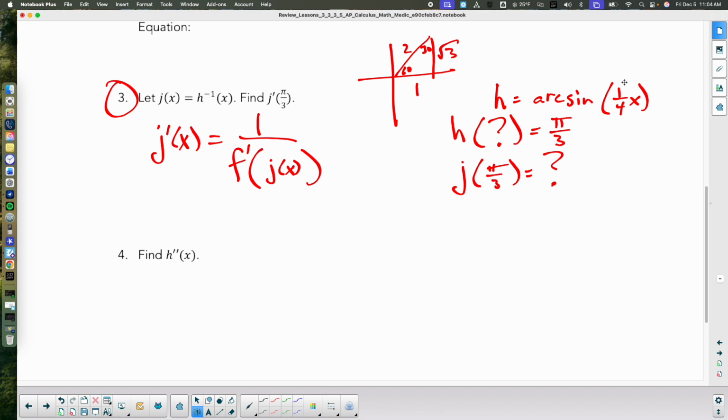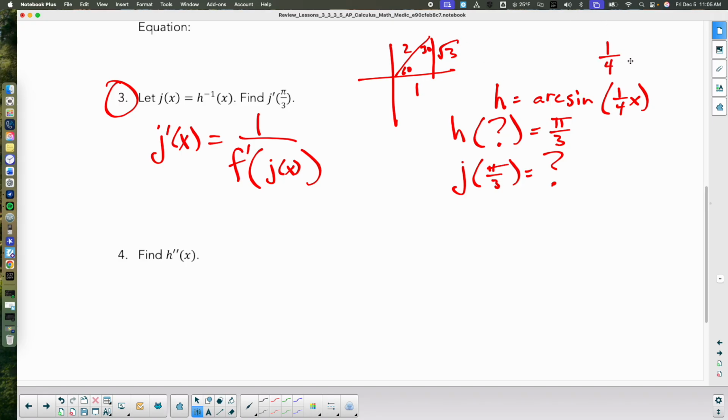Normally, we do trig functions of an angle, and the answer is a ratio. But because our equation is arc sine, it's reversed. So pi thirds is the angle we're dealing with. We want to know the correct ratio, which would be square root of 3 out of 2.